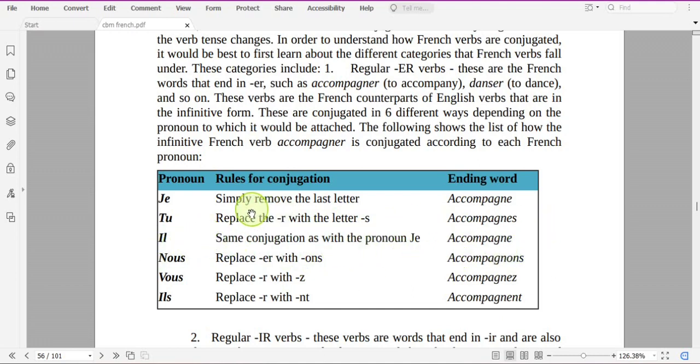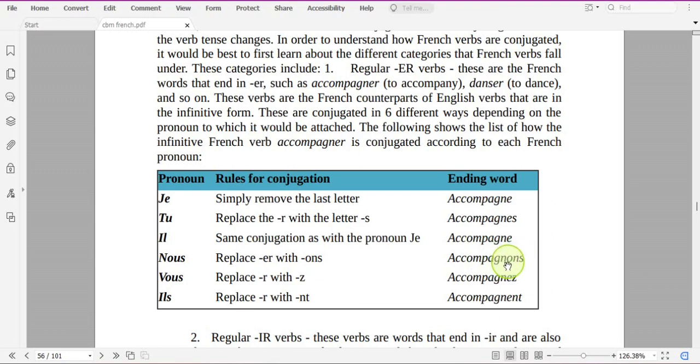J'accompagne, il accompagne, the same pronunciation, the same spelling. So I, he, and she are pronounced the same way.